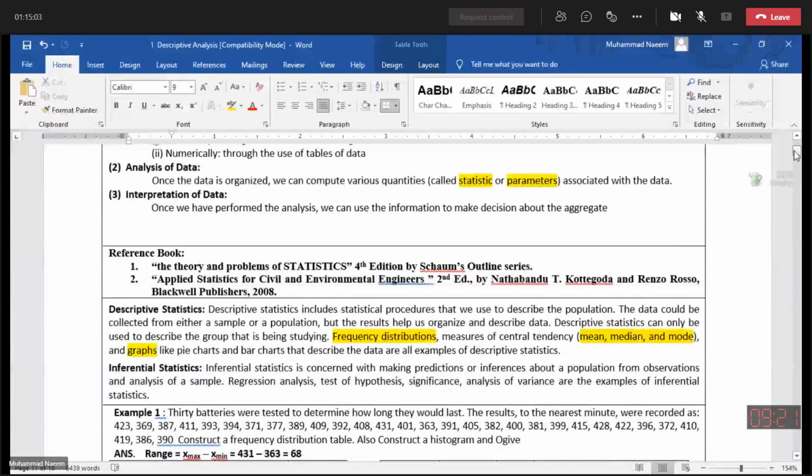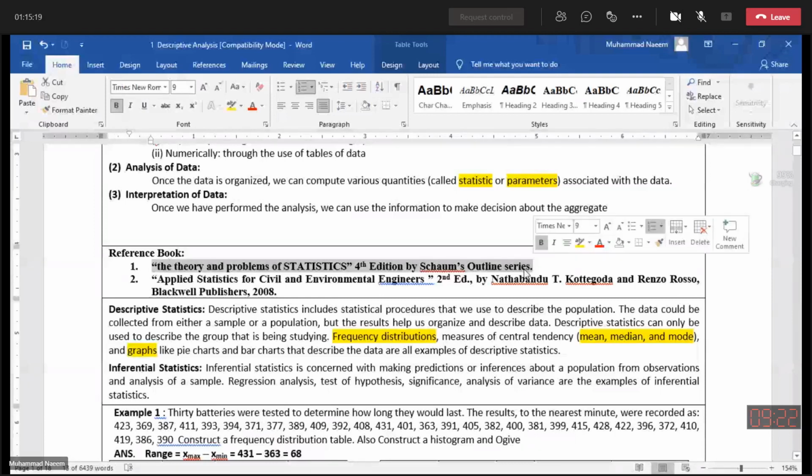We have completed the first 5 chapters of this book. Next we will start, inshallah, our next chapter of probability. You have to submit this assignment within a week.